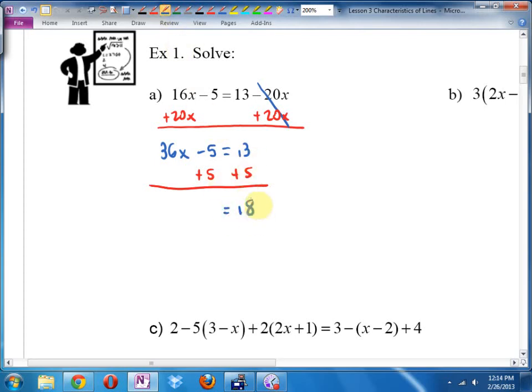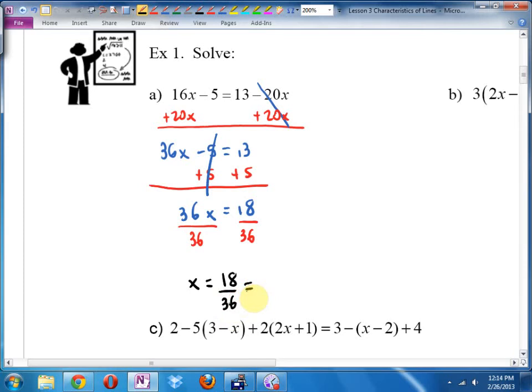I get 18. Yay! I get 36x. Now what? Divide by 36. And when I do that, I'll get x equals 18 over 36, but that reduces. Oh, that's 1 over 2.